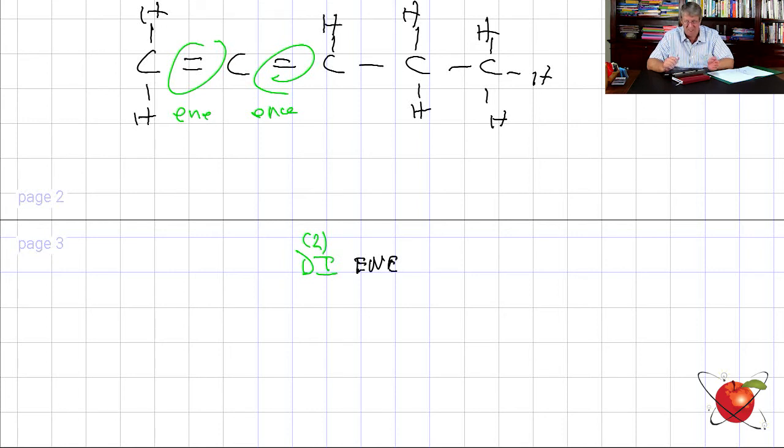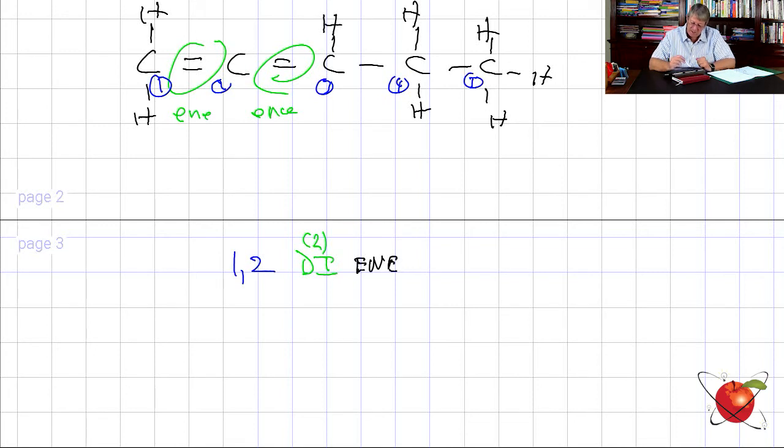Okay. 5, penta, hexa, and so on. So that's a diene. Means there's 2. But now you have to tell me where they are. We label from the end closest to the functional group, 1, 2, 3, 4, and 5. So it's 1 and 2, because there's an ene on 1 and an ene on number 2.